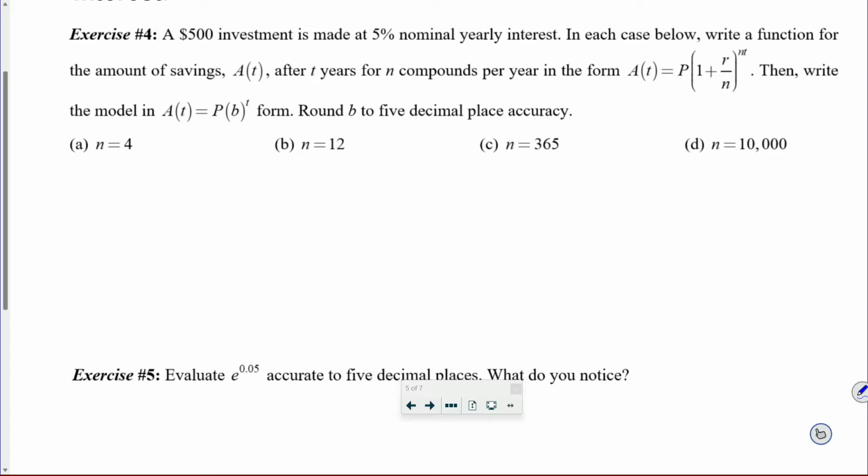In each case below, write a function for the amount of savings, A of t, after t years for n compounds per year in the form A of t equals P times 1 plus r divided by n to the nt. Then write the model in A of t equals P times b to the t form, round b to 5 decimal place accuracy, which probably seems a little silly, but just trust me on this.